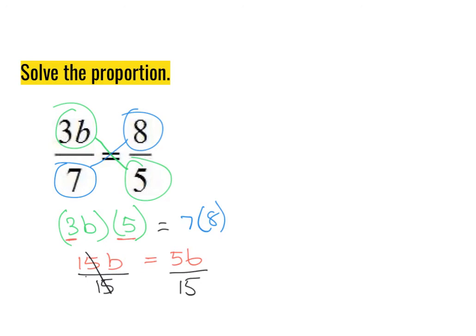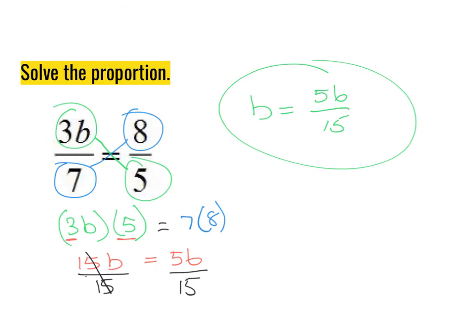So make sure you read the instructions. If I tell you in the instructions in this case to leave your answer as an improper fraction, my answer would be b equals 56 over 15. And that would make this proportion equivalent.